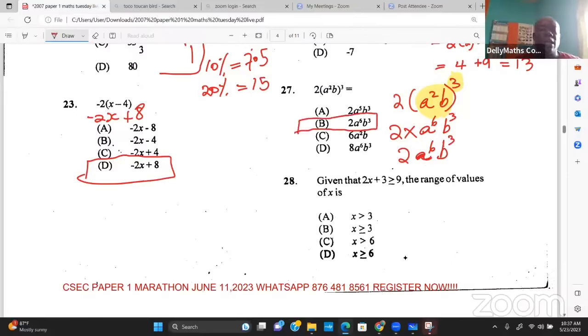Remember, when a power is raised to a power, you multiply. For example, if you have A to the X, and that is now raised to the Y, it really means A to the XY, not X plus Y. Power to a power, multiply powers. Big difference, right? All right, we're continuing.